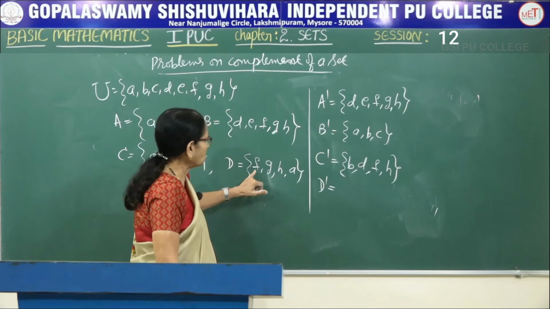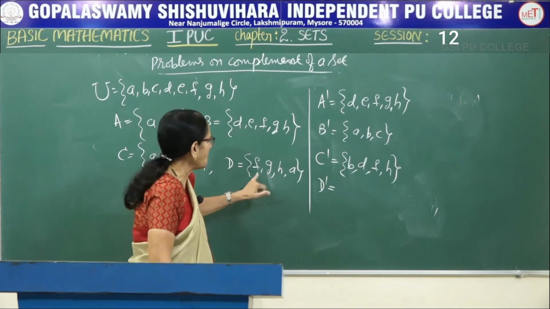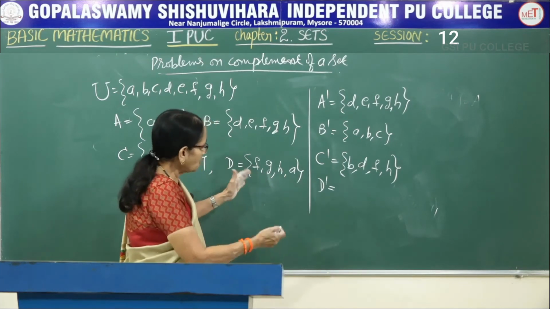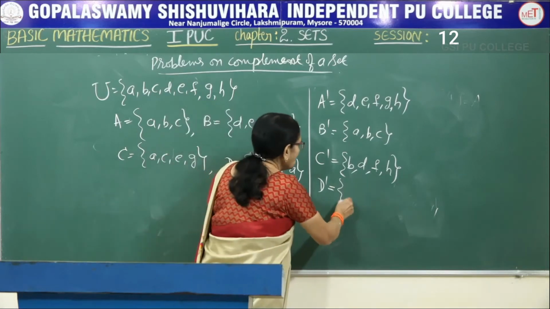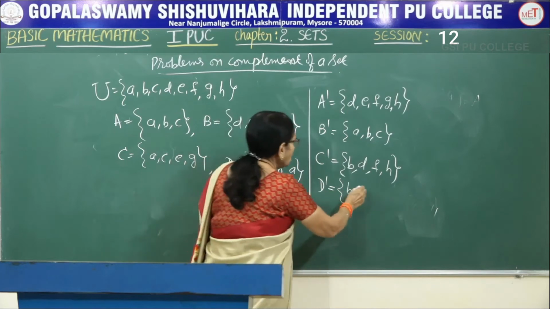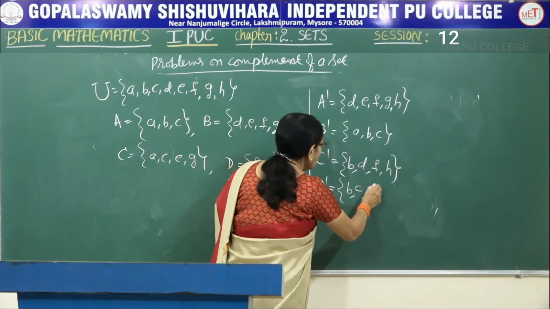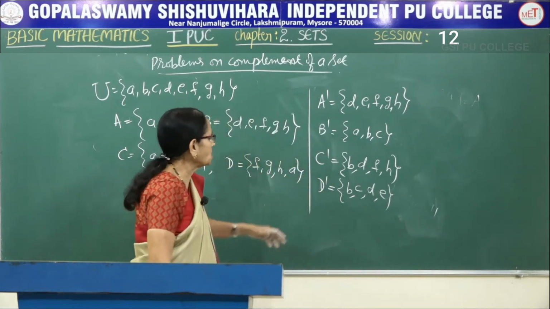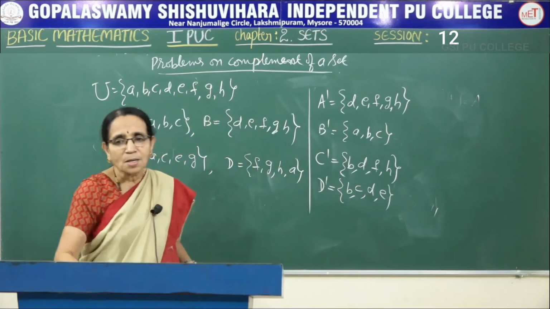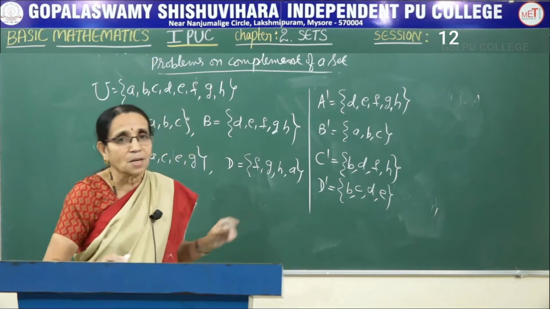D is F, G, H, E. Now leaving out these elements, A is there, you can write B, then C, then D, then E, okay, then F, G, H are already present. Therefore, D dash contains A, B, C, D.